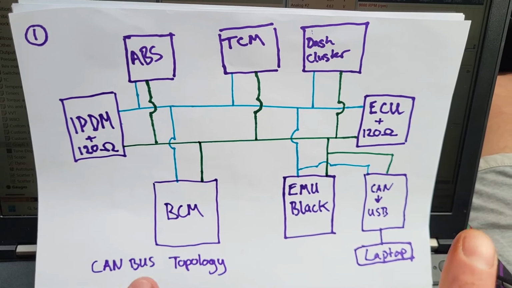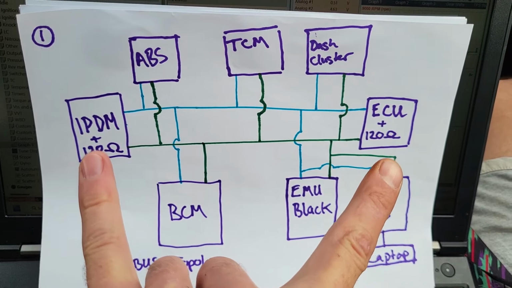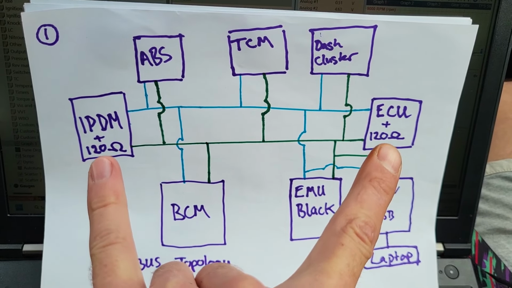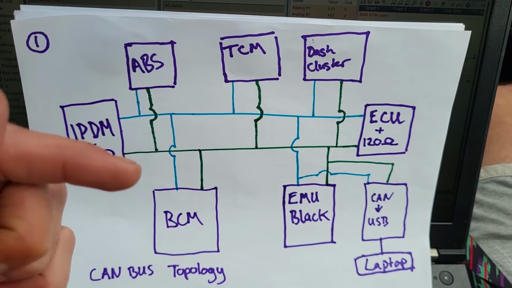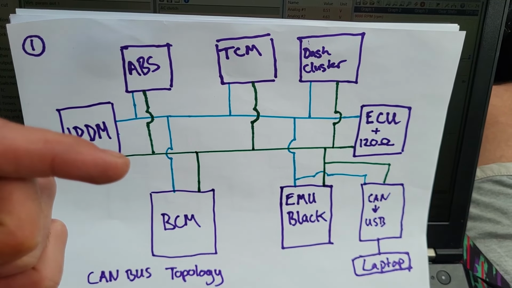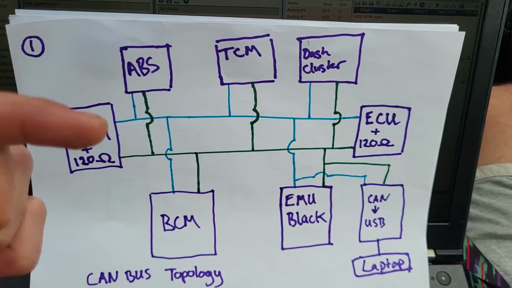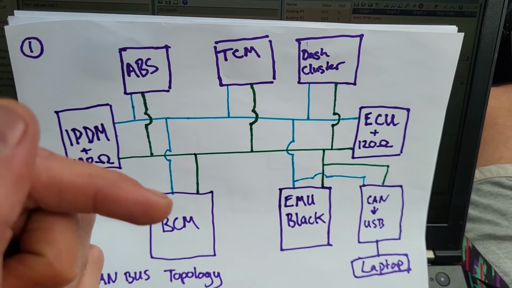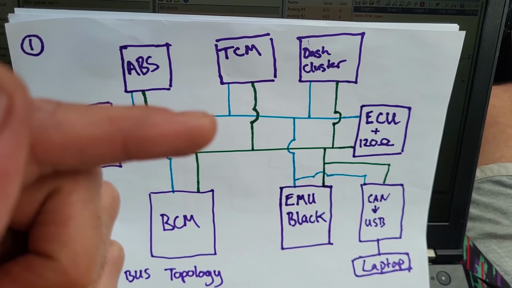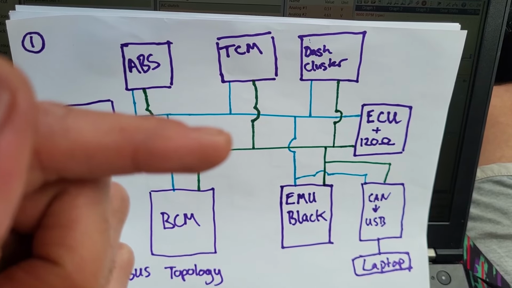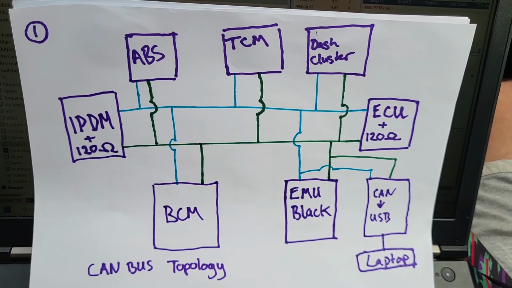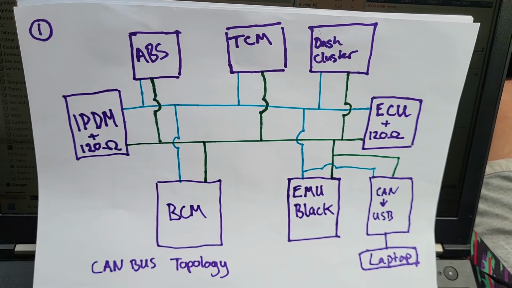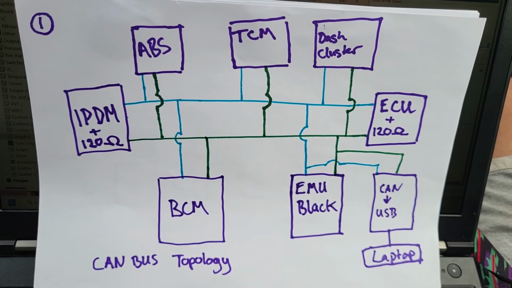Key thing about the ends: they will contain a 120 ohm resistor, and that resistor bridges between CAN low and CAN high. If you were to put a multimeter with one probe on high and one probe on low and measure the resistance, you should get 60 ohms, because you've got two 120 ohm resistors in parallel.